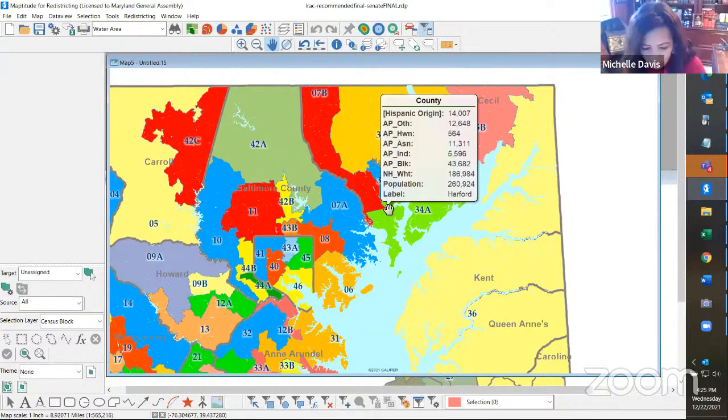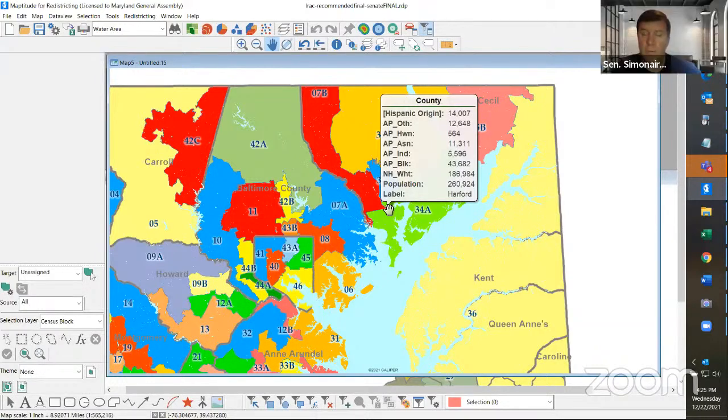Let's see, District 36, we'll start with that. 36, under this map, I should say, is at 2.74%. That's over. And District 37, the Senate district, is 3.07. So that's significantly over too.